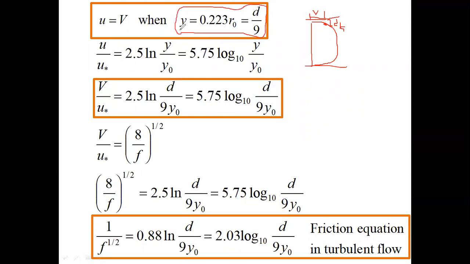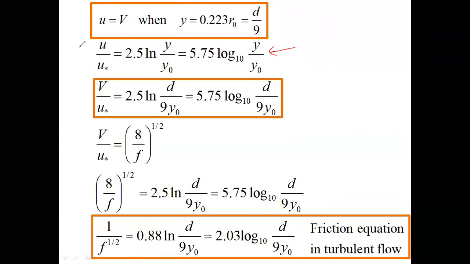Till now, believe me, in the turbulent flow, u equals v, that means the average velocity, we can always see at a distance y equal d over 9. Then this is our general equation.